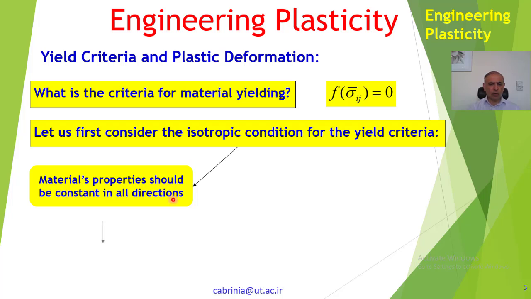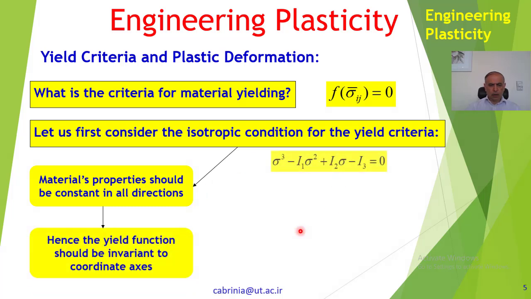So if it is so, hence the yield function should be invariant to coordinate axis, because directions are to do with the coordinate axis. So if we use this I1, I2, I3 for our yield function, then this assumption will be satisfied, because I1, I2, I3 are invariant to directions.